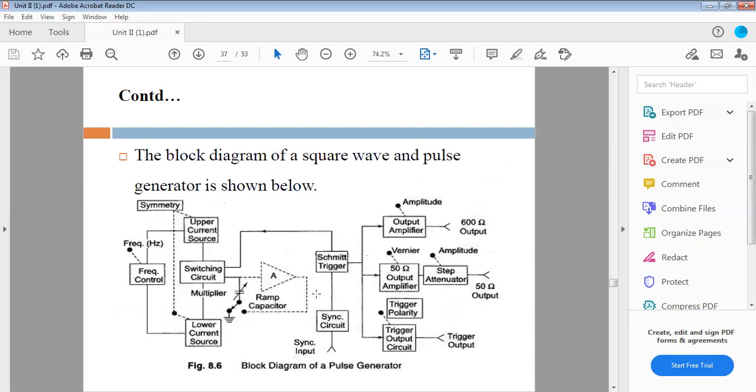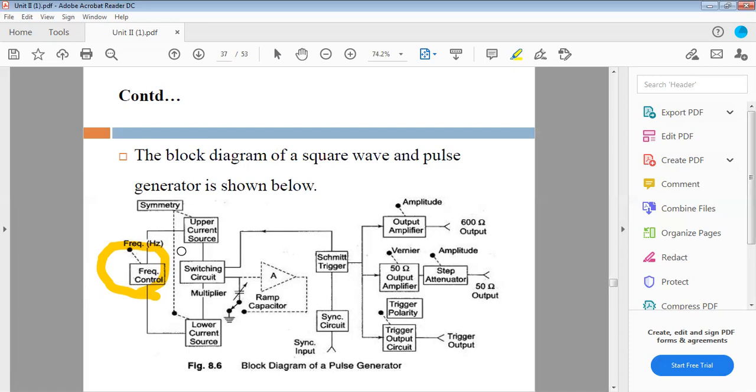This is the basic block diagram of a square wave and pulse generator. In this generator, we have a frequency control knob. This knob is used for changing the frequency of the generated waveform. We can change the frequency with the frequency knob present on the front panel of the instrument.